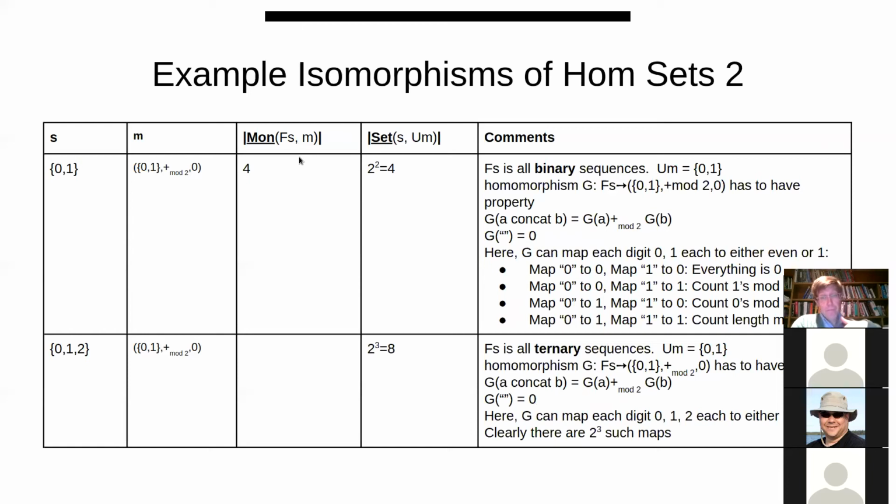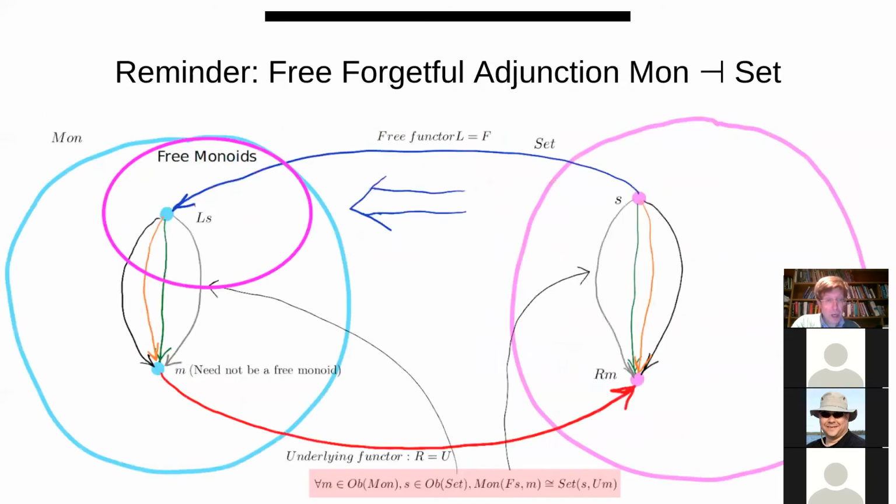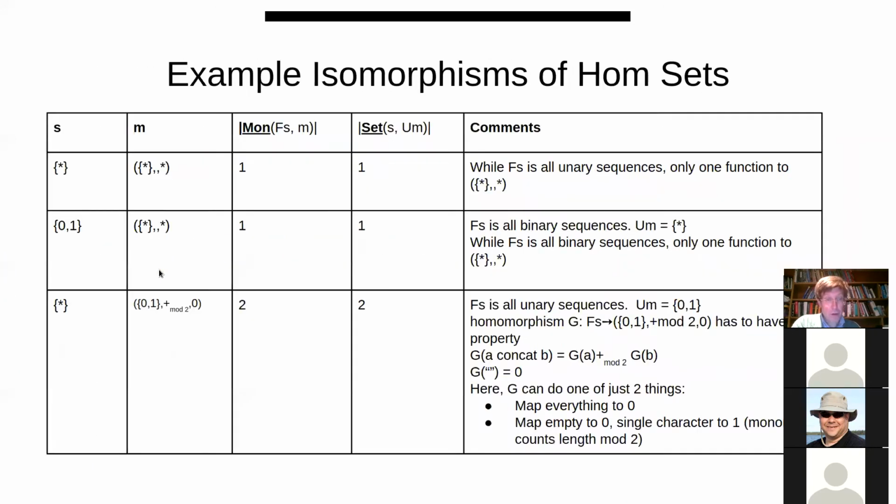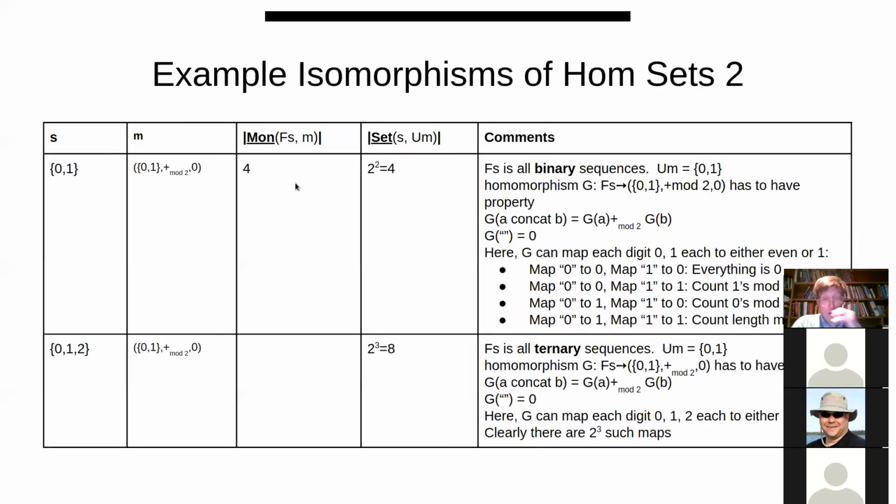We have basically 4 possible choices. Now, for the monoid side of this, it's a little bit more tricky to think through, but to have a monoid homomorphism here, we're going to consider the homomorphism G. We know that G of the empty sequence has to equal 0.